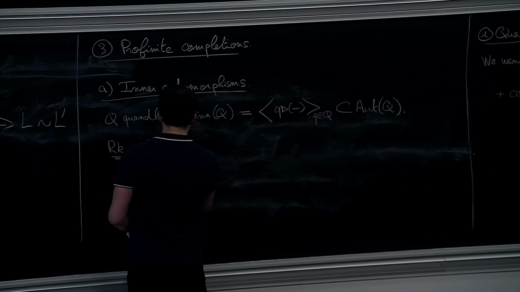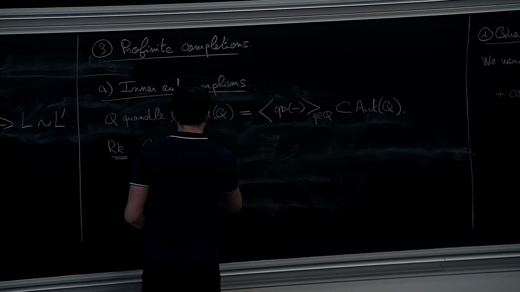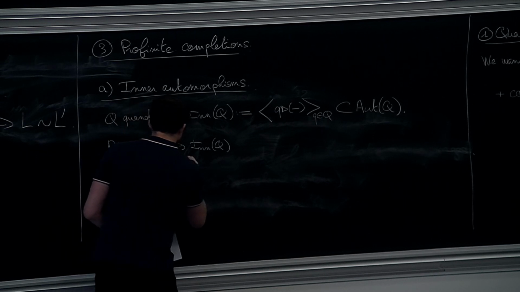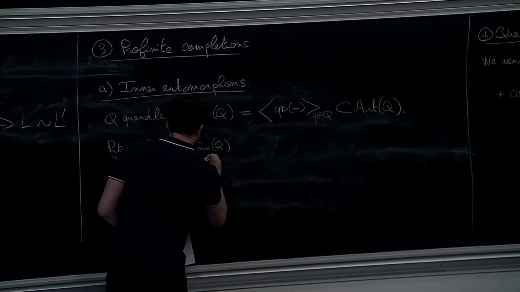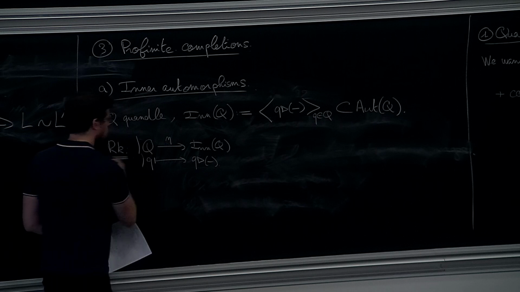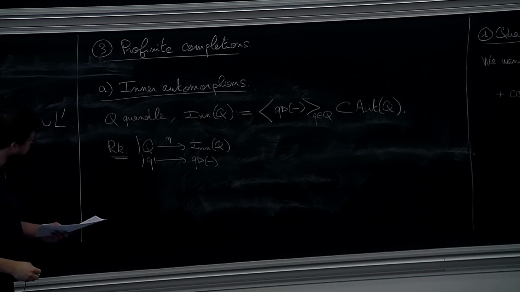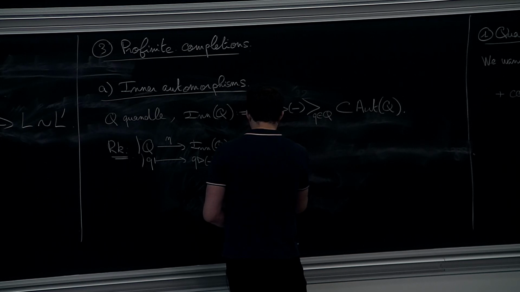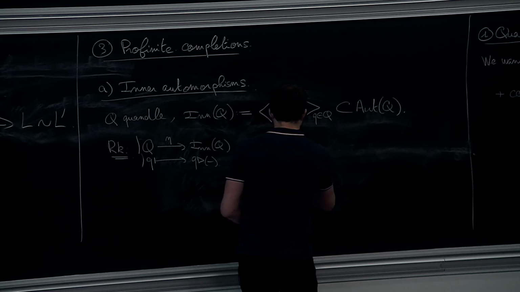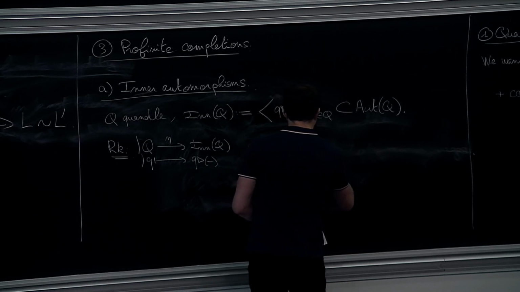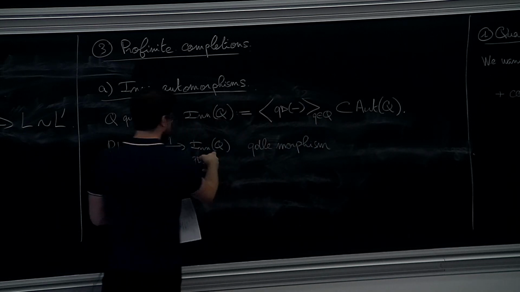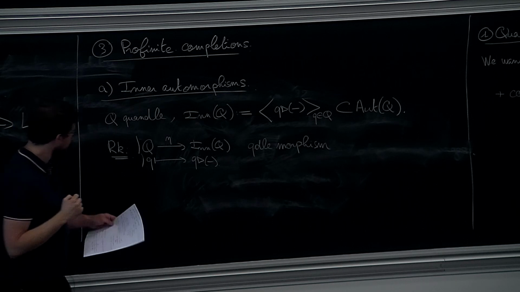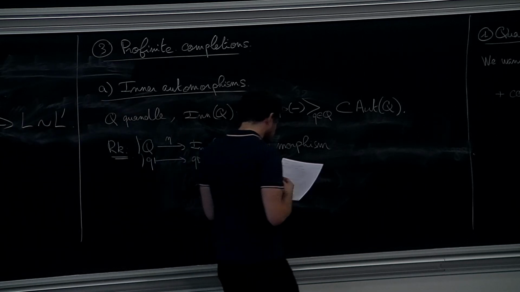You get a map from Q to the inner automorphism group, sending x to the associated automorphism. And this map is actually a quandle morphism. This is a quandle because this is a group and you take the conjugation law on it, and this is a quandle by definition.